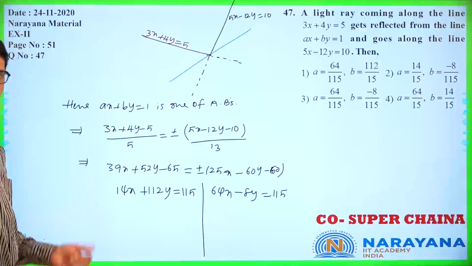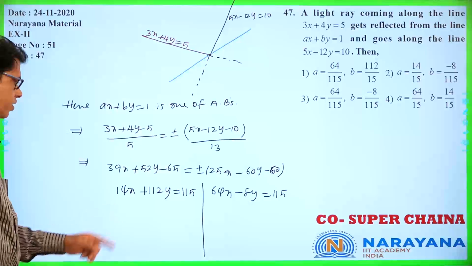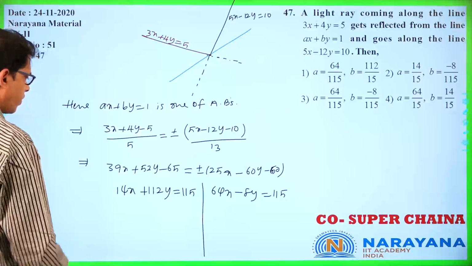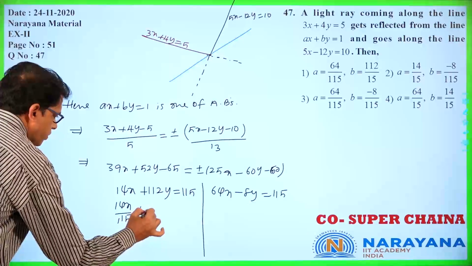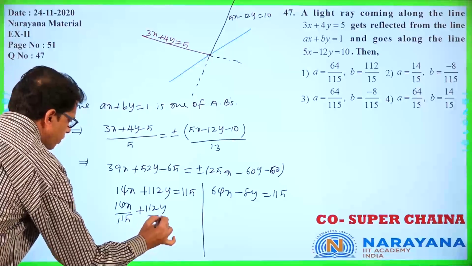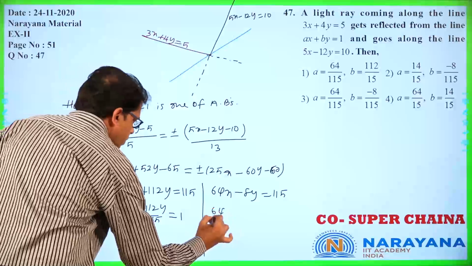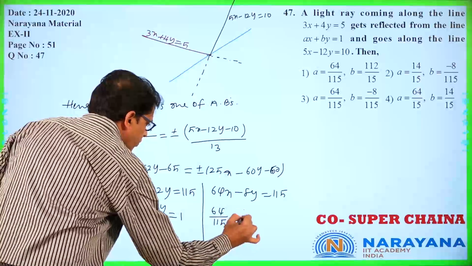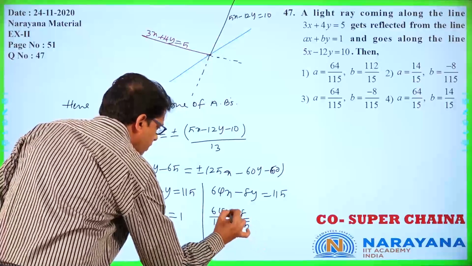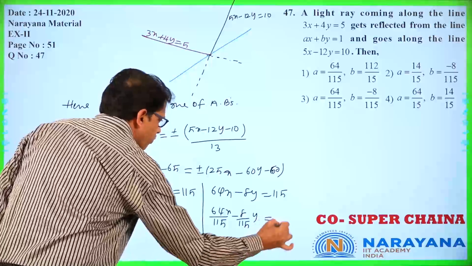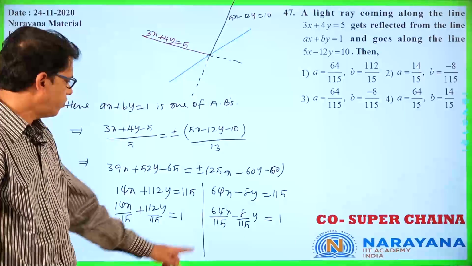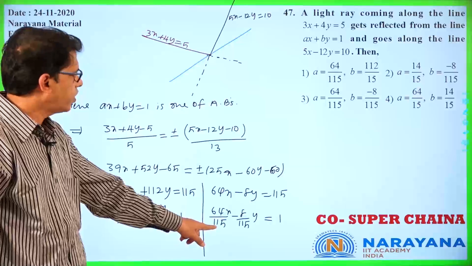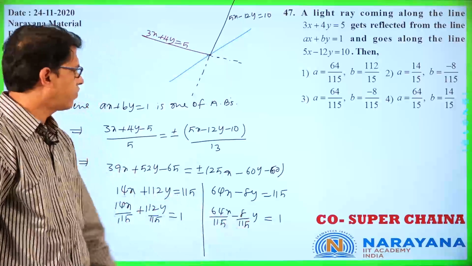Now bring it into intercept form. Divide by 115. So 14x by 115 plus 112y by 115 equals 1, and 64 by 115 x minus 8 by 115 y equals 1. So ax plus by equals 1, where the a value is 64 by 115 and the b value is minus 8 by 115.